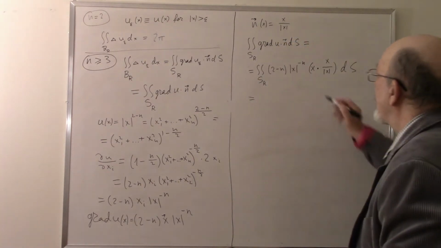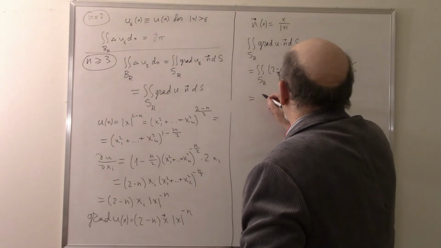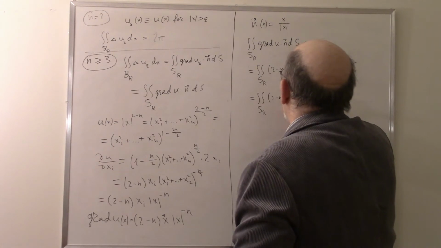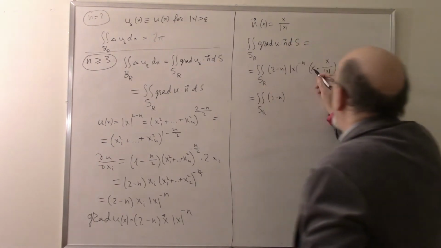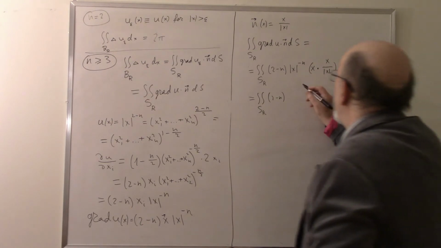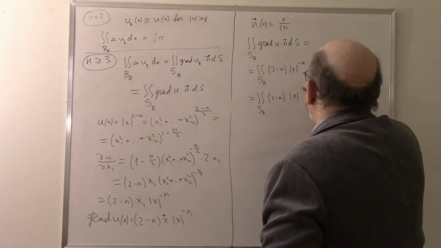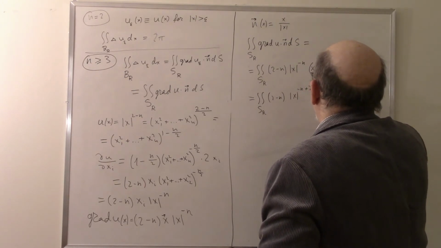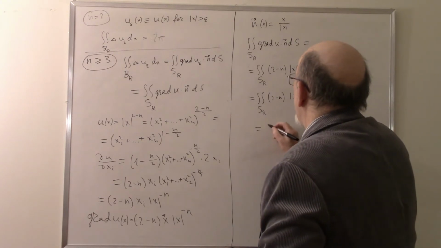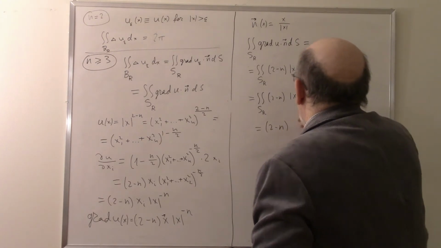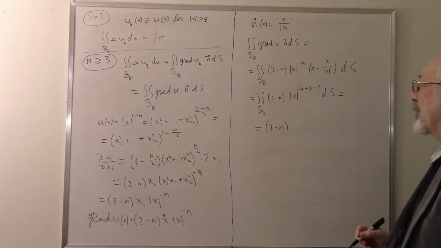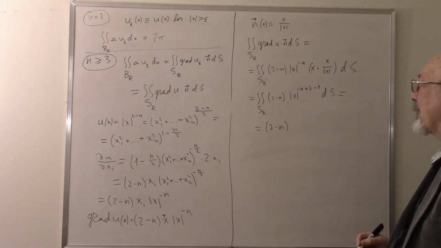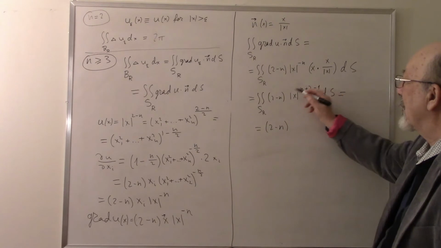So what is here? The integral over S_R of (2−n). Here x dot x is |x|², so it is |x| to the power (−n + 2 − 1) ds, which equals (2−n) times... this is |x| equals r, so it is constant on the sphere.